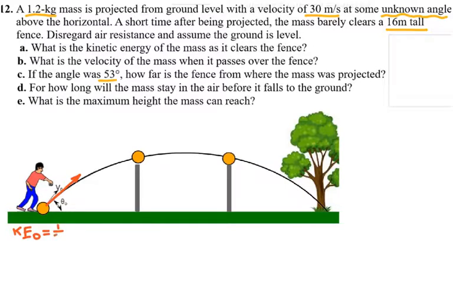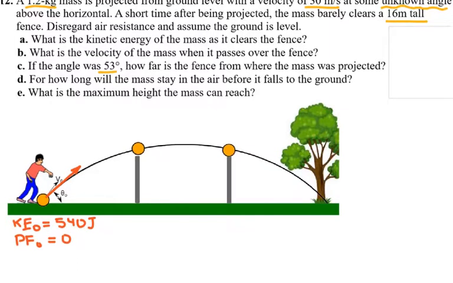So 1/2 the mass and initial velocity squared gives me 540 joules, and the initial potential energy is 0 because it's ground level.